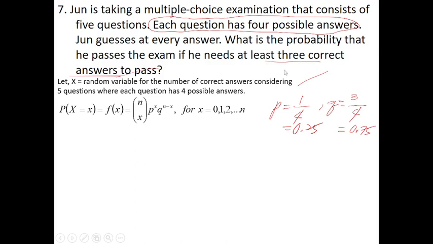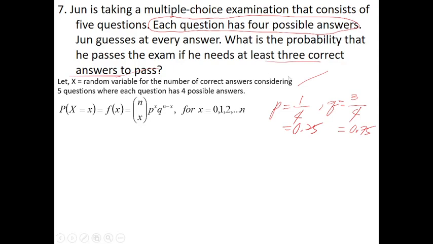So the question here is, what is the probability that he passes the exam? Meaning he should have 3 or more correct answers to pass the exam.